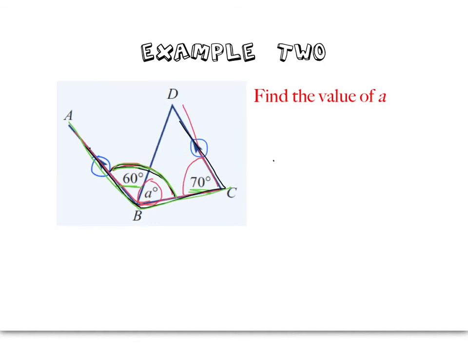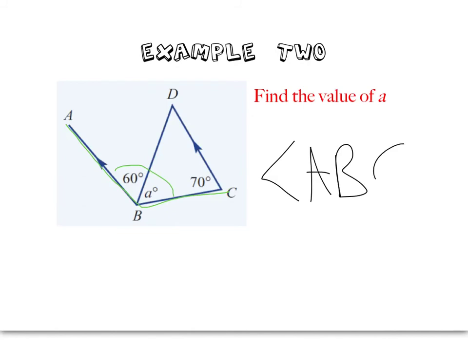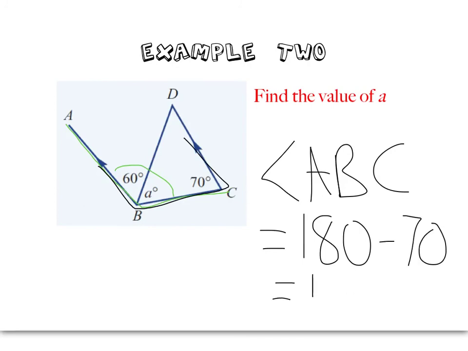Let me just delete that, get rid of all this diagram. So this angle in here, angle ABC, is equal to 180, because altogether all of this is 180 since it's co-interior, subtract 70, which is 110. All of that is 110, so all of this angle here is 110. Oh, I don't want all of it, I just want this guy.